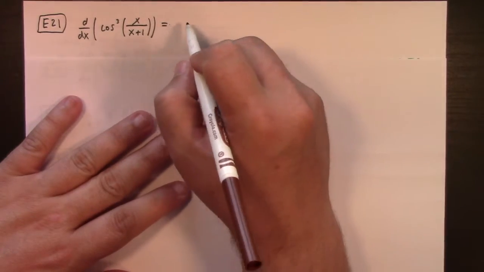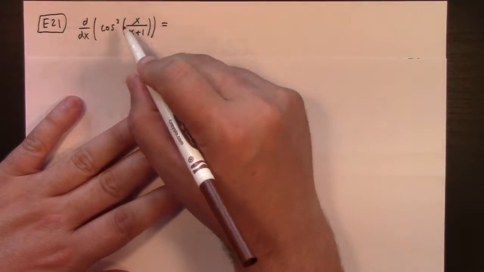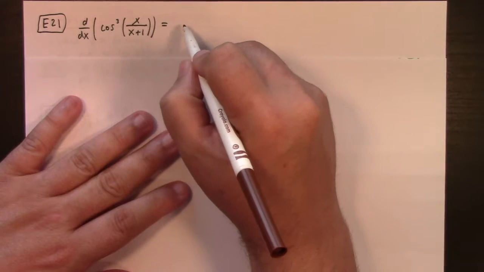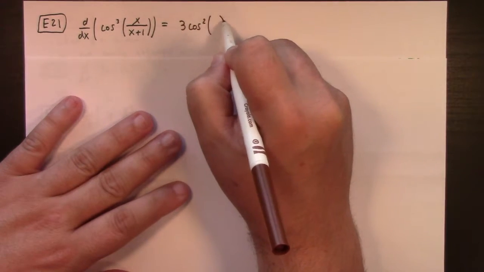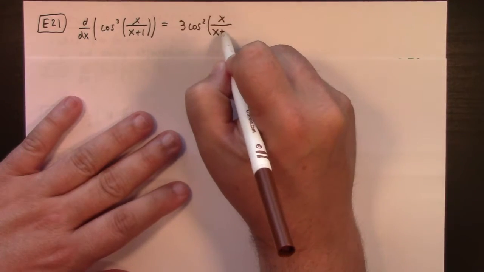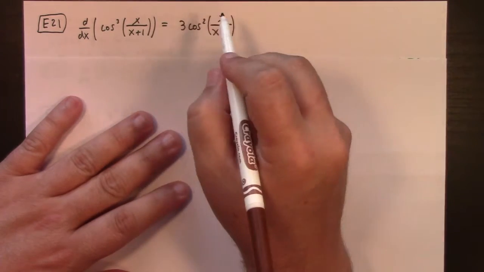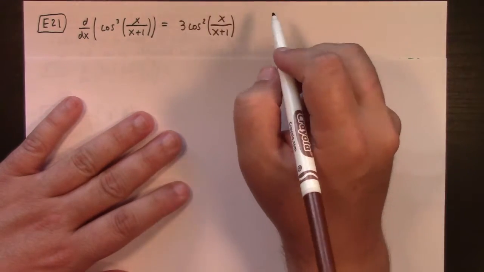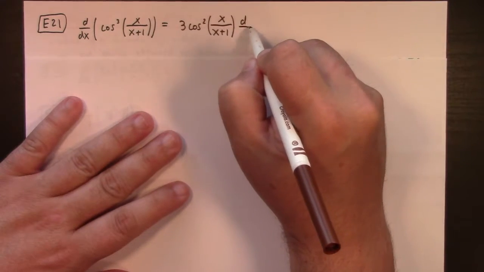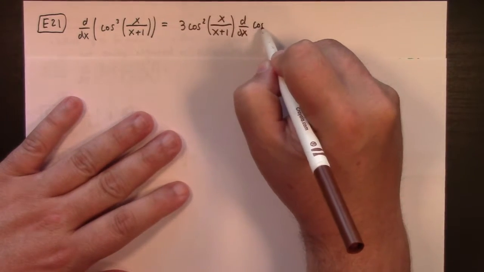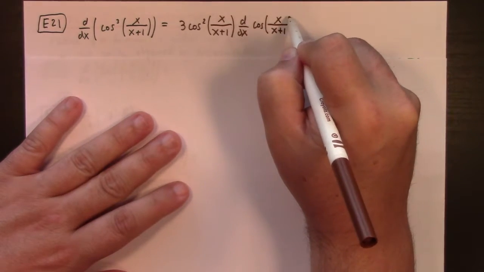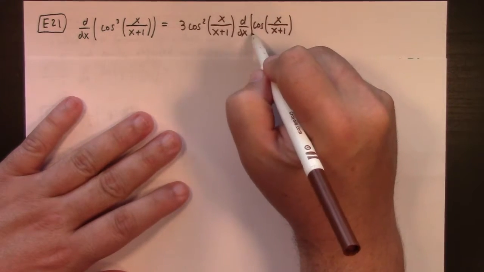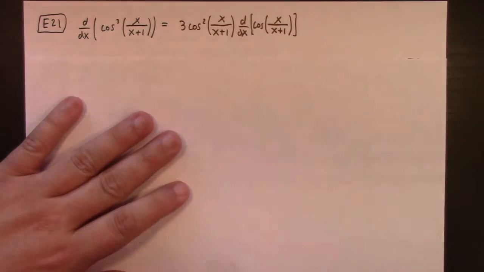All right, so this is cosine cubed, so the outside function is the cube function. So I have 3 cosine squared of x over x plus 1, right? Times the derivative of the inside function. So then I have to do times d dx of cosine of x over x plus 1, because this was the cube function composed with the cosine of that quotient.